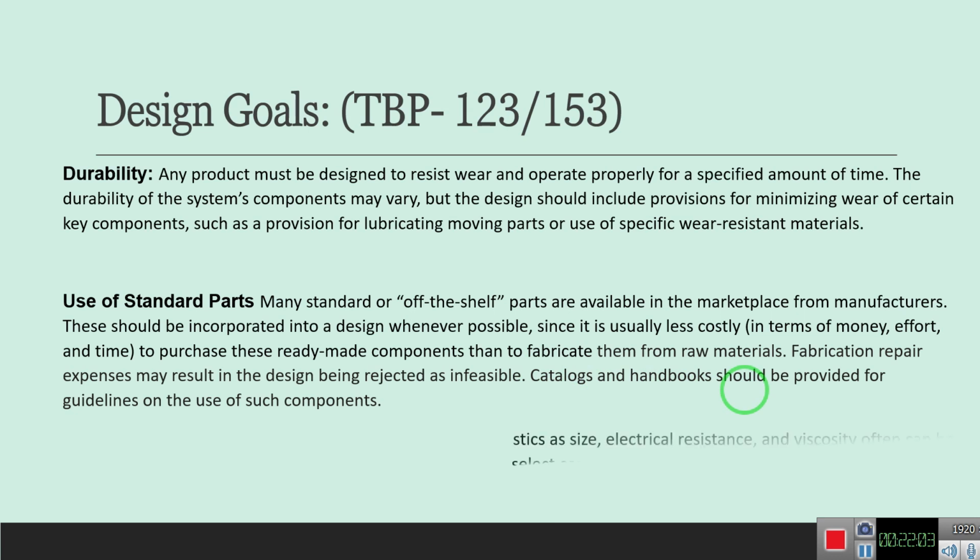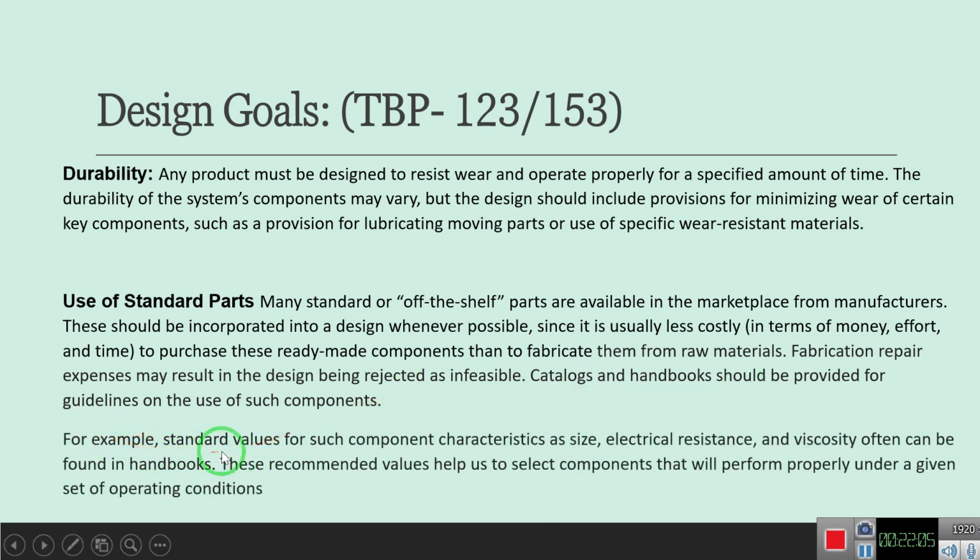For example, standard values for such component characteristics as size, electrical resistance, and viscosity often can be found in handbooks, so that the user can understand which part is suitable for which device. These recommended values help us select components that will perform properly under a given set of operating conditions. Okay, so this is the use of standard parts.